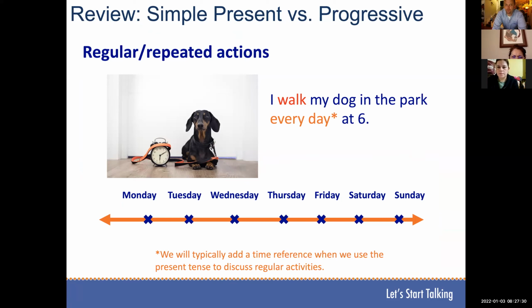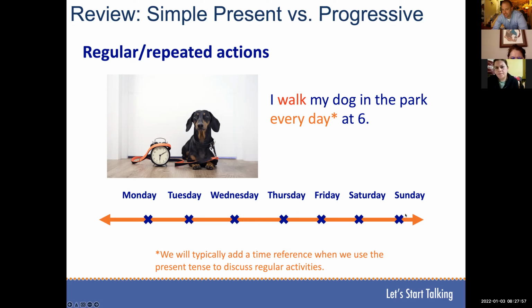The next example of when we would use the simple present, el presente simple, is for regular or repeated actions. Quizás es algo que no estamos haciendo en este momento, pero es algo que se hace regularmente. Okay? For example, I walk my dog in the park every day at 6.